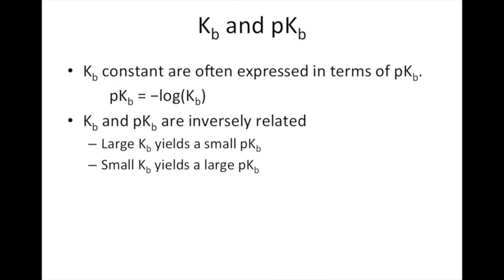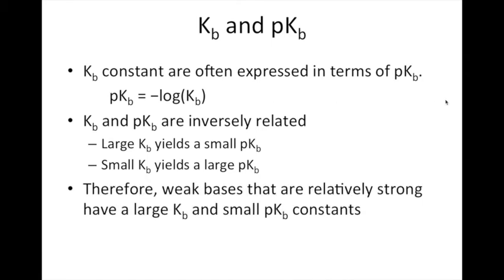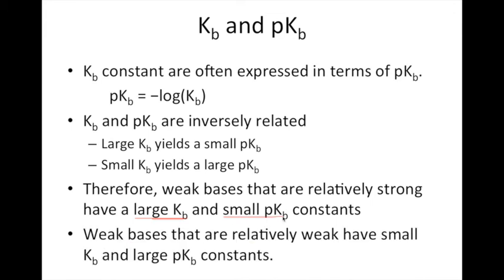Plug some numbers into this equation and play around with it. So weak bases that are relatively strong have large Kb values and small pKb values, and vice versa. Weak bases that are relatively weak have small Kb values and large pKb values.